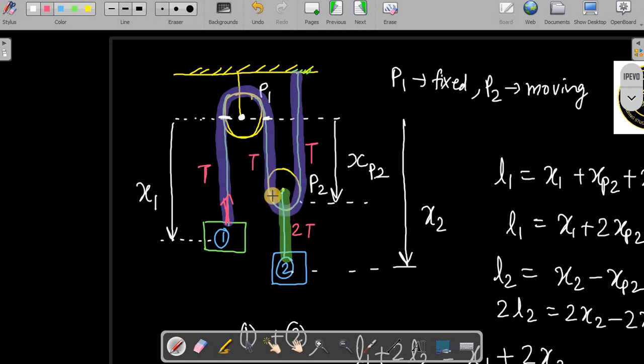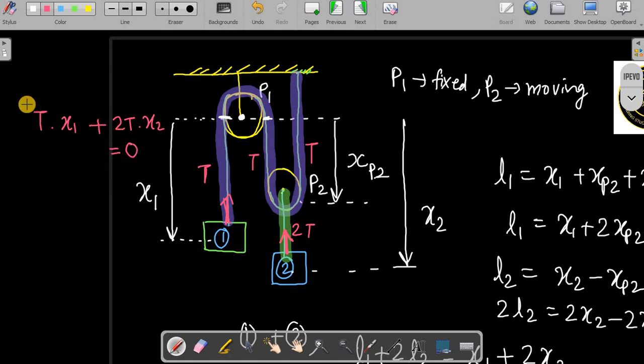And here the pulley is balanced, no need to study the pulley. Let's see the blocks. So take the product of tension and displacement. If I take this tension and this displacement x1, plus tension 2T on the second block with displacement x2, is equal to 0.